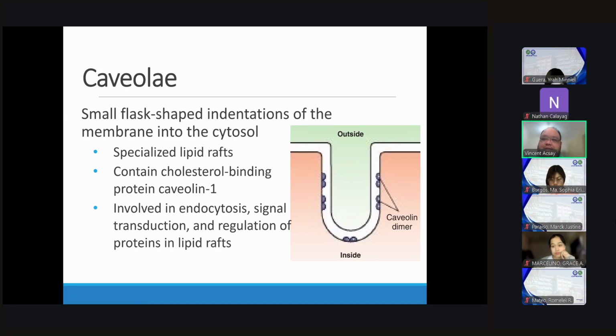It is potentially used for storage, for concentrating certain membrane proteins or receptors that, when activated, either release it towards the surface or vesiculize it towards the inside. So it's mainly used for endocytosis. I will explain that later. Signal transduction, like bringing it inside, or the regulation of proteins in lipid rafts.